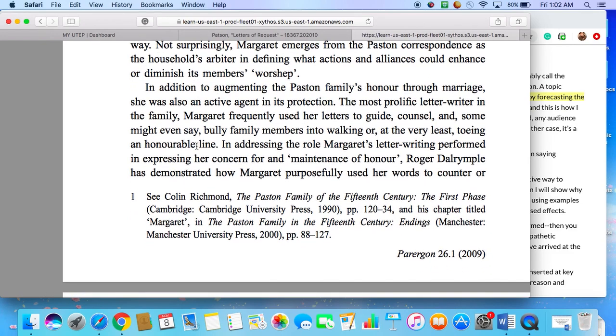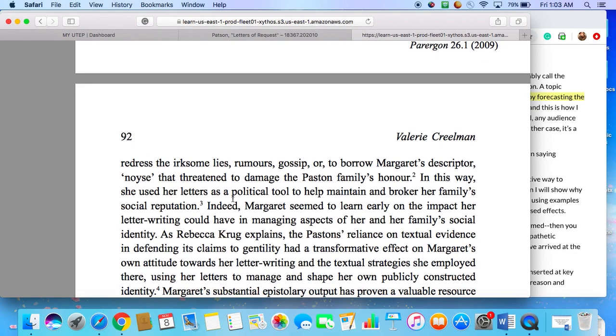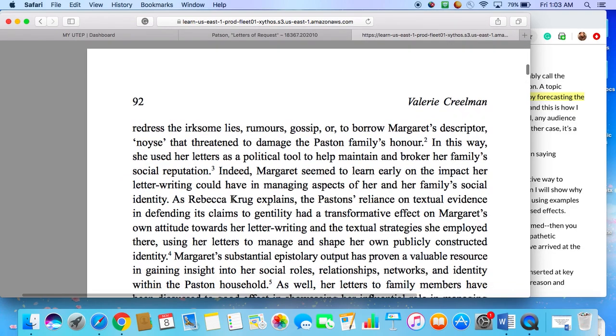In addressing the role Margaret's letter writing performed in expressing her concern for and maintenance of honor, Roger Dalrymple has demonstrated how Margaret purposefully used her words to counter or redress the irksome lies, rumors, gossip, or, to borrow Margaret's descriptor, noise that threatened to damage the Pattenson family honor. In this way, she used her letters as a political tool to help maintain and broker her family's social reputation.